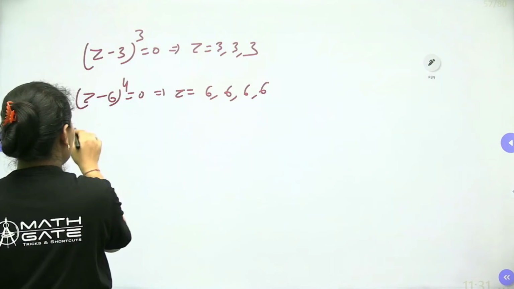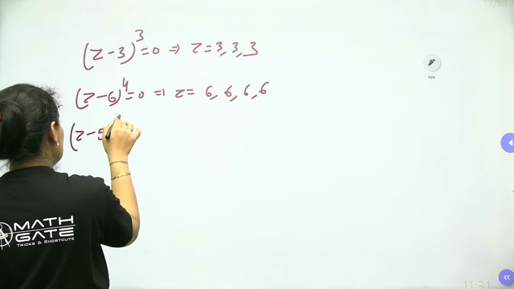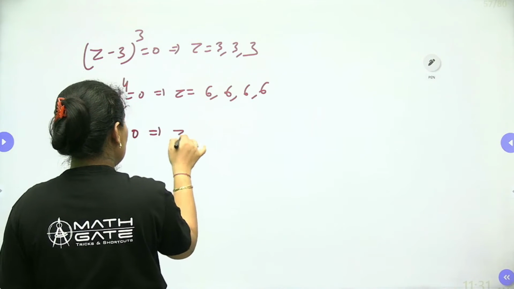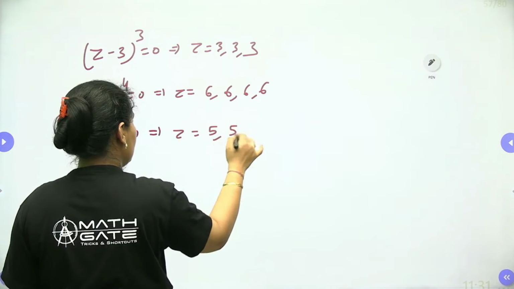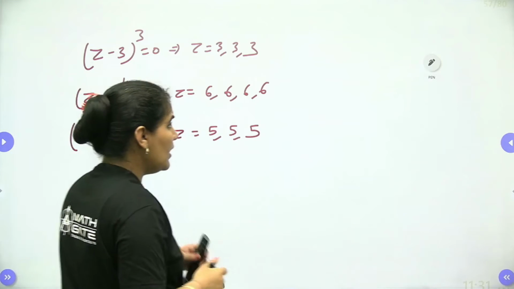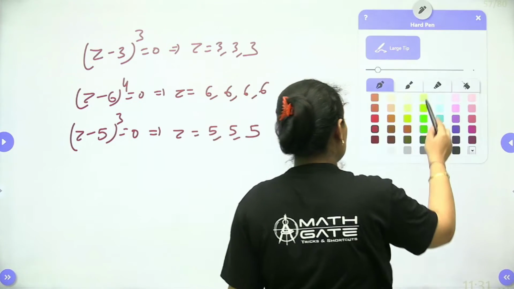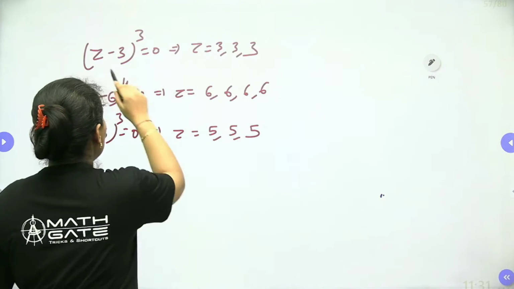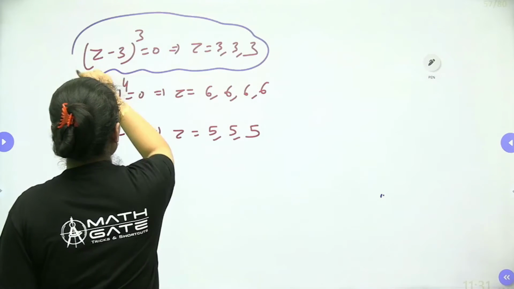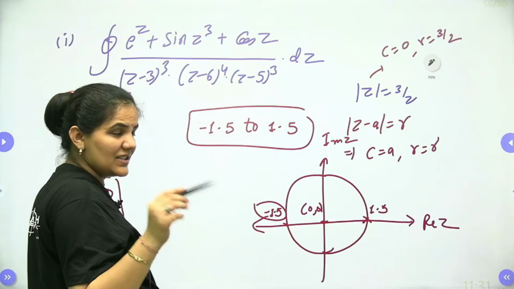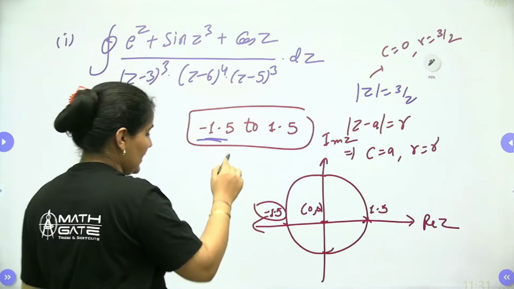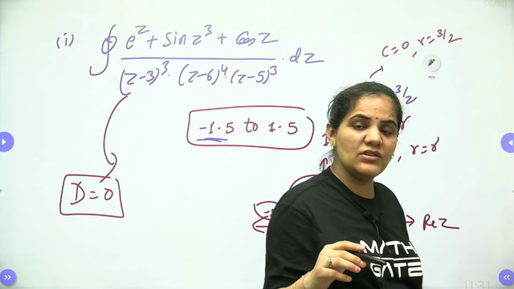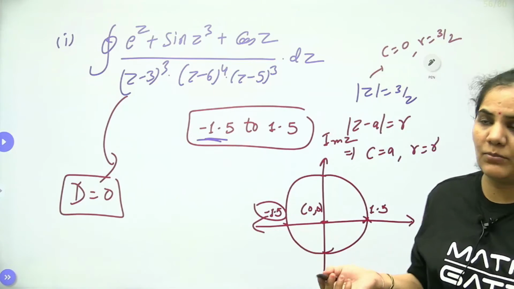The next is (z minus 5) whole cube equal to 0, so z is equal to 5, 5 and 5. We can see the points are 3, 6 and 5, while the given range of the question is minus 1.5 to 1.5 only.